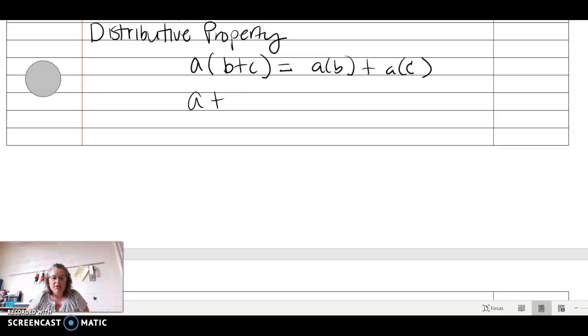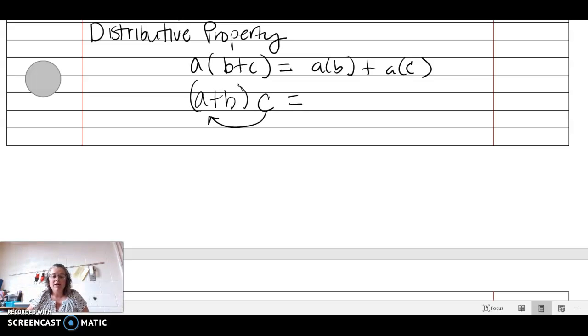So if I did a plus b and then times c, you can actually distribute from the back too.